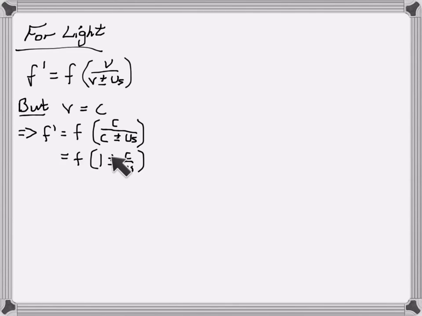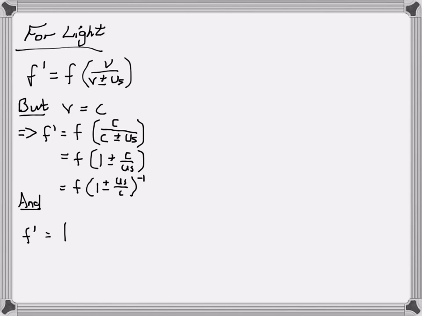And for reasons that I'm going to explain in a second, I want to basically invert everything that's inside these brackets. So I can do that by raising everything inside the brackets to the power of minus 1. And if I do that, then I can say f prime is equal to f on 1 plus or minus us over c, all to the power of minus 1.